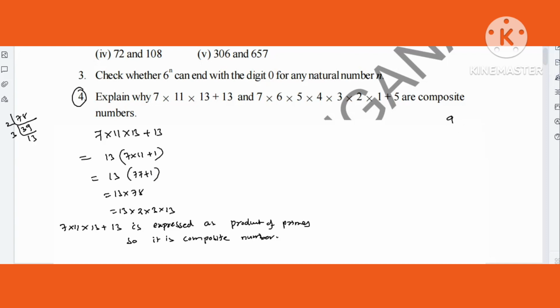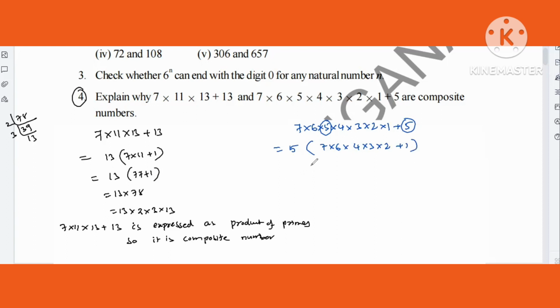And if you take the next one, you can write that also in the same way. Here we have 7 into 6 into 5 into 4 into 3 into 2 into 1 plus 5. In that you can see that 5 is common. So I'm writing 5 outside: 5 into (7 into 6 into 4 into 3 into 2 plus 1).